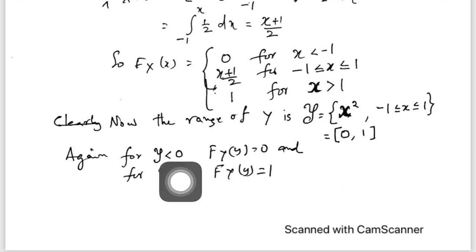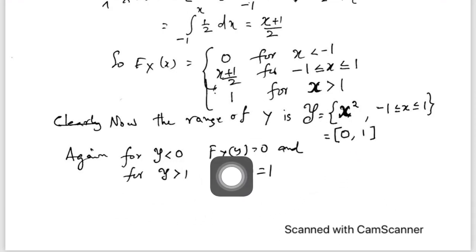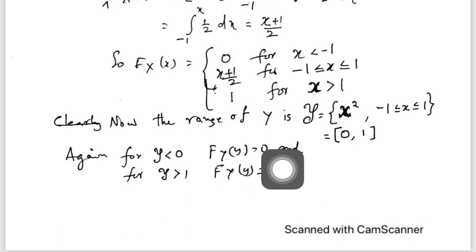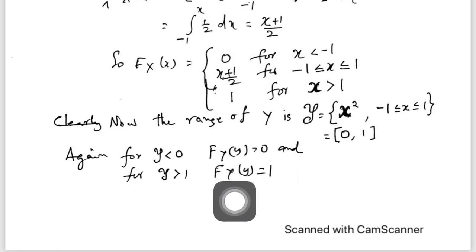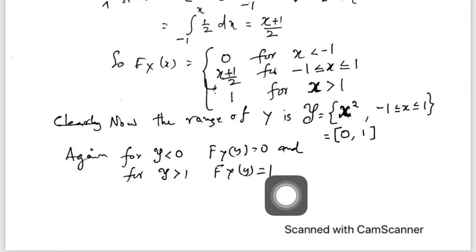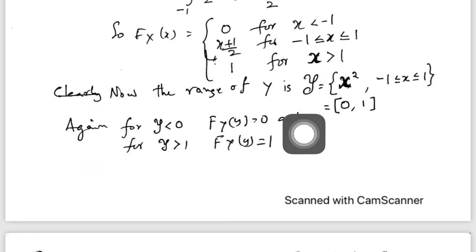Okay, now the range of y is simply 0 to 1, and in order to find the distribution function of y, you know that when y is less than 0, F y of y is equal to 0, and for y greater than 1, F y is equal to 1. This result is obvious.